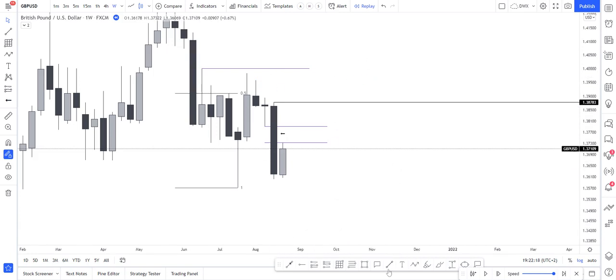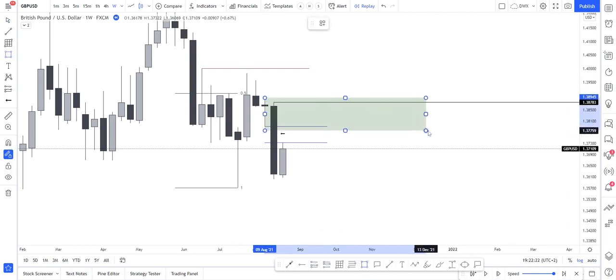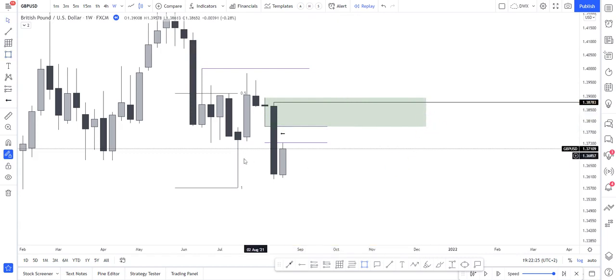And also potentially this could be a higher time or a lower time frame order block because there would be some areas being broken on the lower time frame. So we could potentially anticipate price to move up, fill this imbalance. So directly we could potentially expect buys early on in the week.